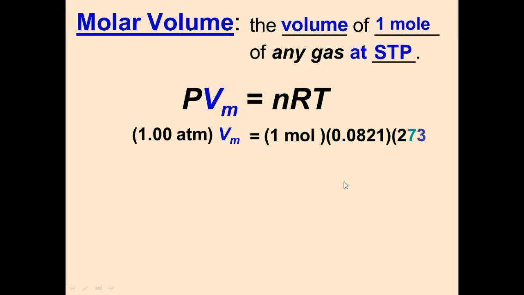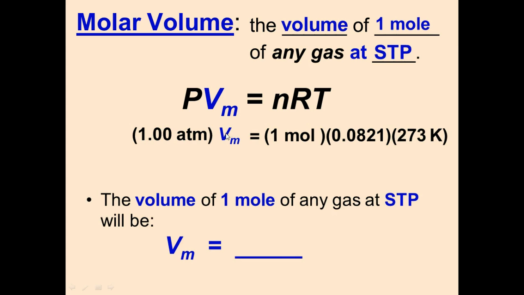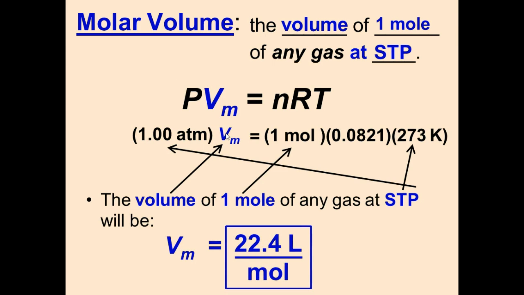And if you go and calculate, remember, STP is 1 atm, so that gives us pressure, 273 degrees Kelvin, or 0 degrees Celsius. We have our constant here, and remember it's 1 mole, so we have n, so we just solve for V. And if you do solve for V, it is 22.4 liters per mole.